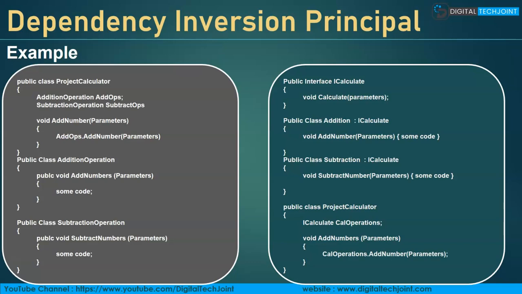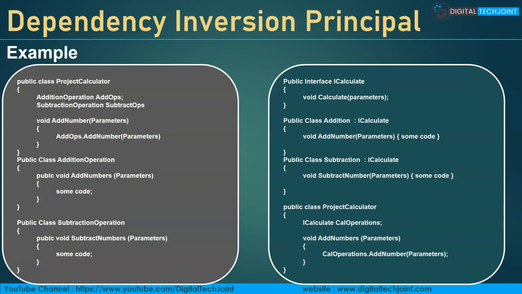Now if you come to the main implementation, that is the project calculator super class, it invokes the iCalculate interface, and when it does an addition, it passes the parameters and invokes iCalculate.add number, which actually invokes the class addition.